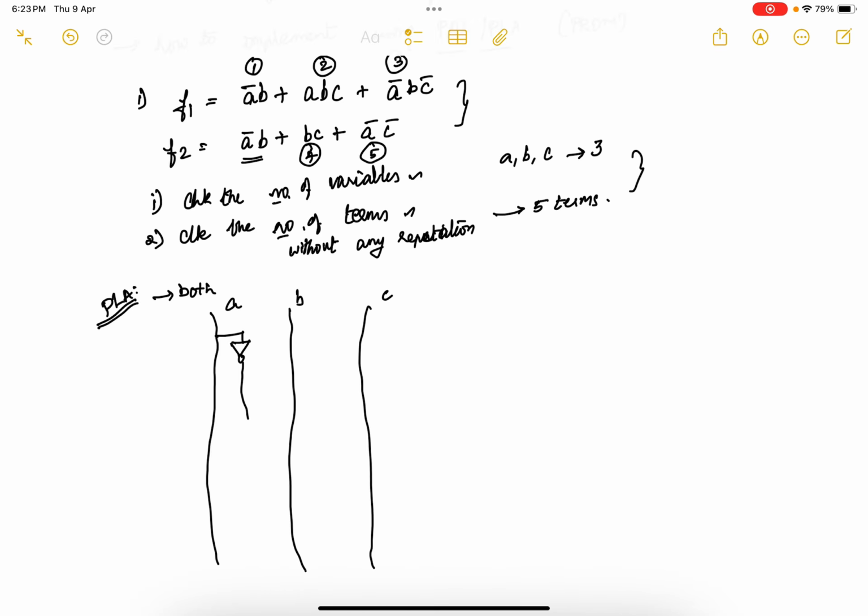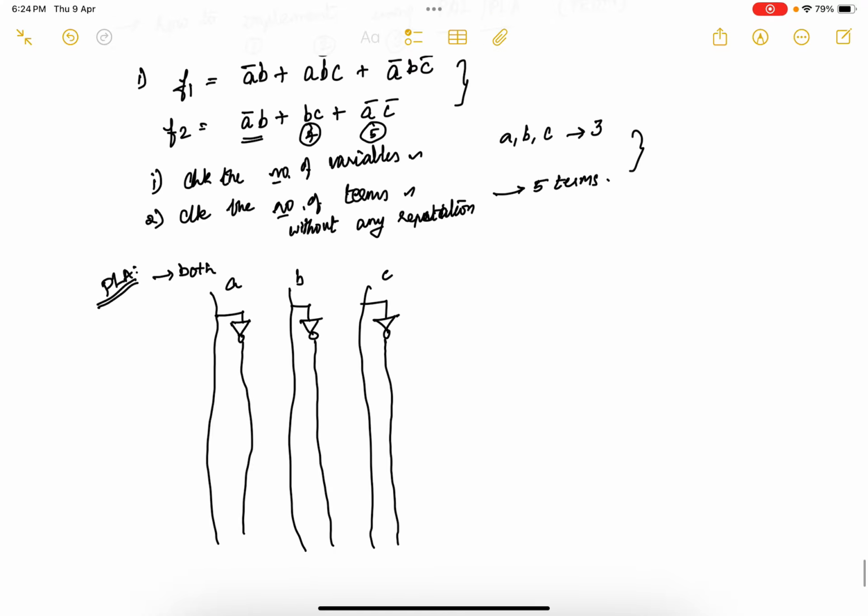Don't mind, I am using a pen and not a scale, so the lines will be somewhat slanting. So I have drawn A, B, C as well as the complement part. This is your A bar, this is your B bar, and this is your C bar. Got it?